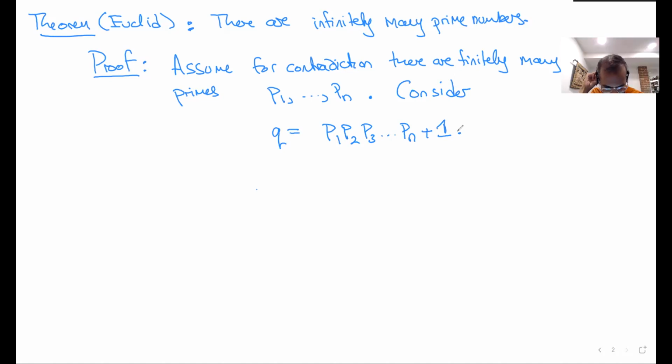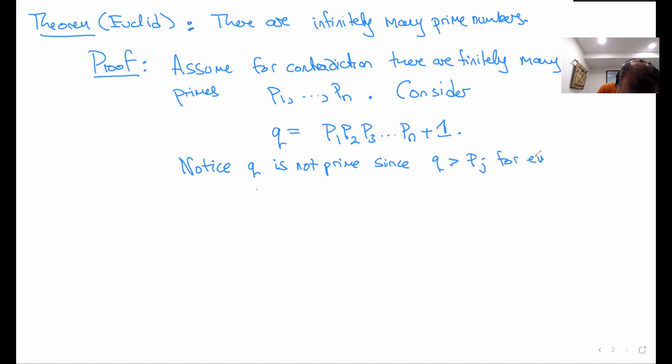Why is it not in the list? It's bigger than everything in the list. Notice that q is not prime, since q is simply bigger than everything on this list. That was the list of all primes.